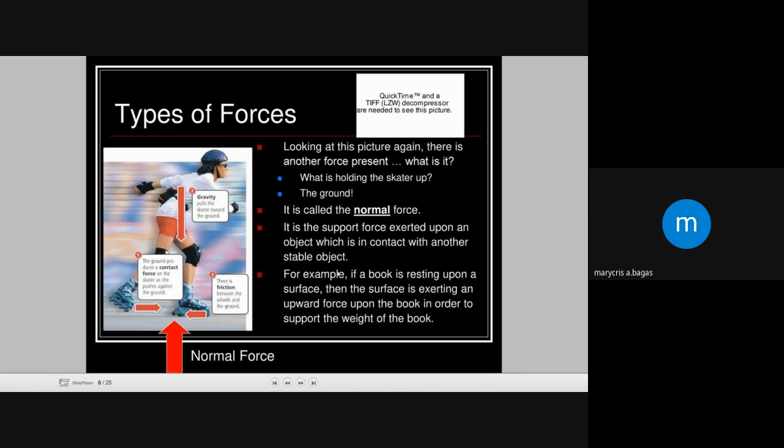For example, if a book is resting upon a surface, then the surface is exerting an upward force upon the book in order to support the weight of the book. Okay, that is what we call normal force. If we put the book on the table, it's called normal force.